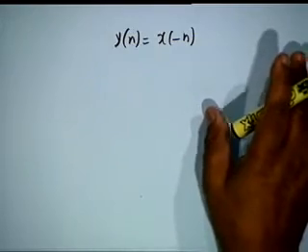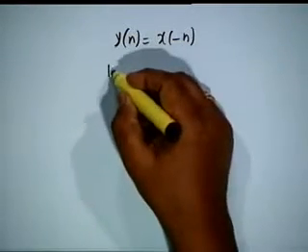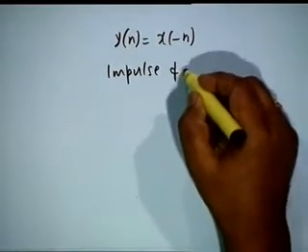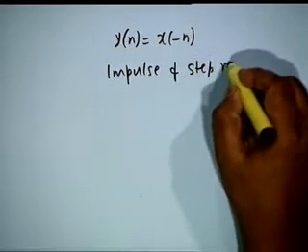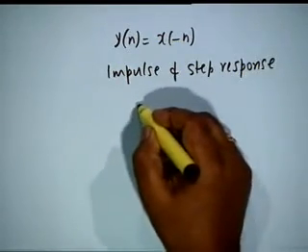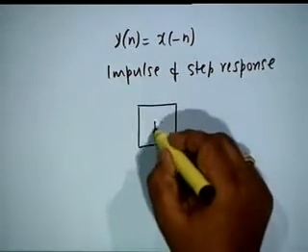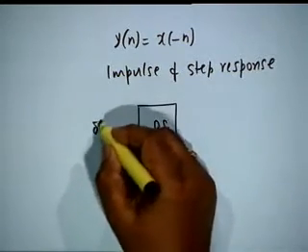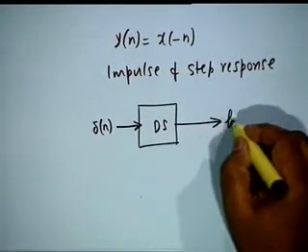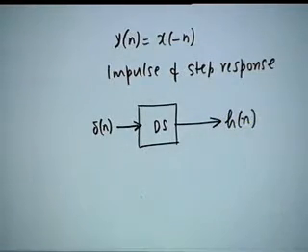Then we talk about impulse response and step response and the relationship between the two. The definition is very simple. You have a digital system, you apply a delta n to it. Your input is a delta n, and whatever the output is, we shall denote it by h of n.